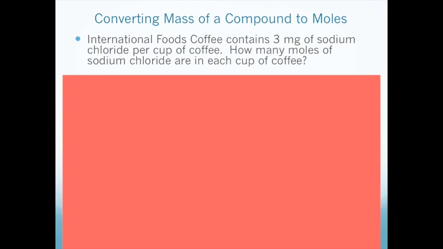So, here is a nice real-world example. International Foods coffee contains 3 milligrams of sodium chloride per cup of coffee. How many moles of sodium chloride are in each cup of coffee? So we have 3 milligrams of NaCl, sodium chloride, and we're looking for moles of sodium chloride.